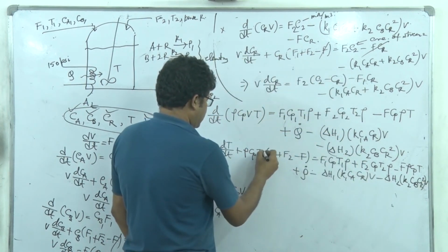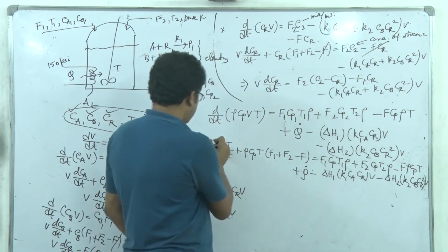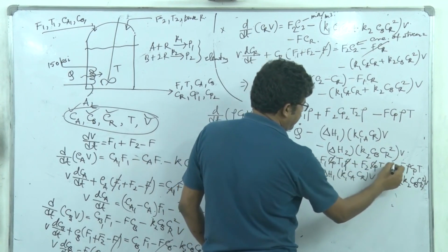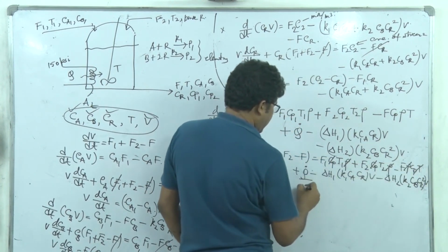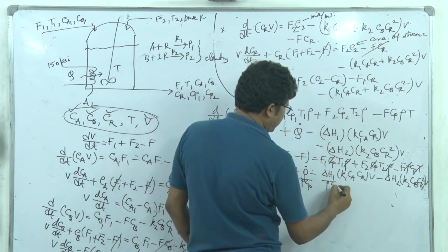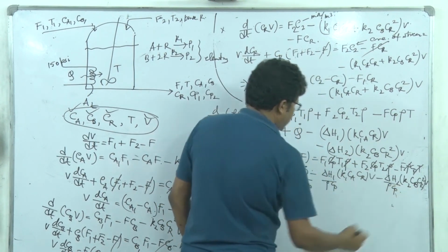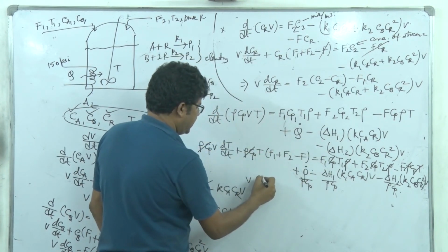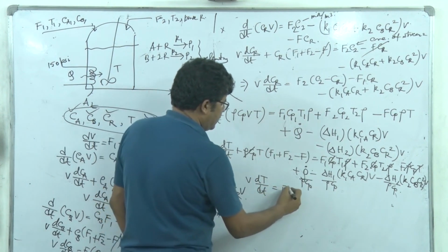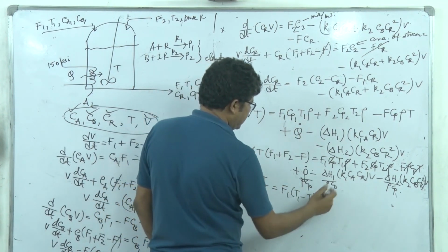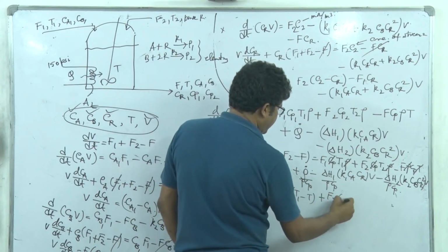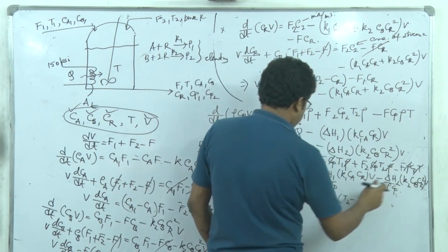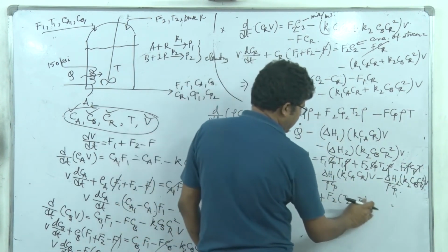So you see here we will have this rho Cp first, let's drop it. So divided by rho Cp, here also rho Cp, here rho Cp. So now we are left with F1 into T. So finally V into dT dt will be F1 T1 minus T plus F2 T2 minus T minus FT, and then FT, that will cancel out.